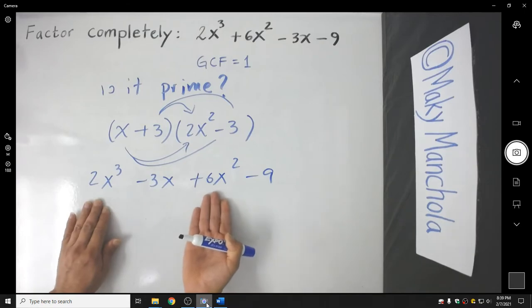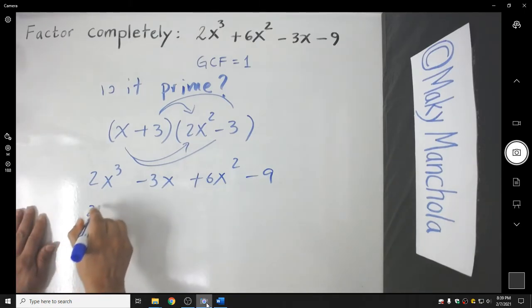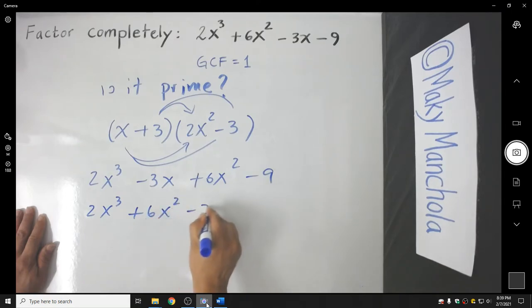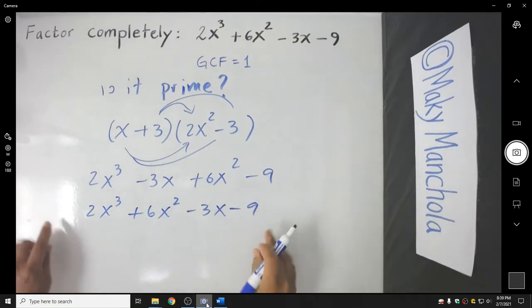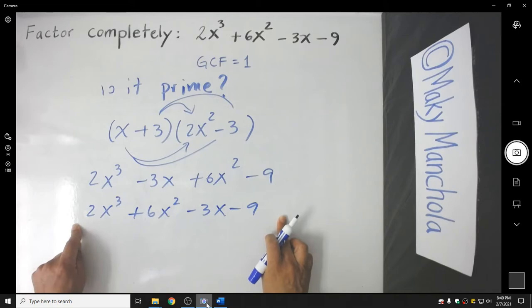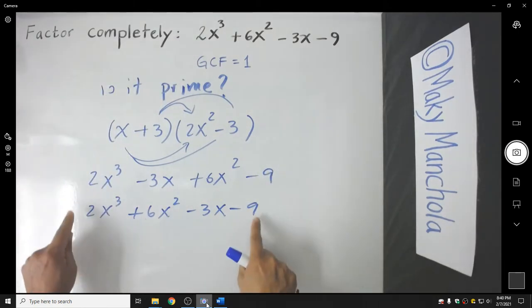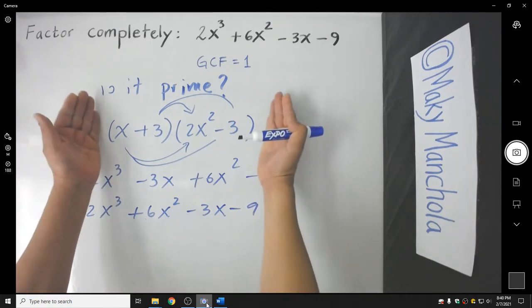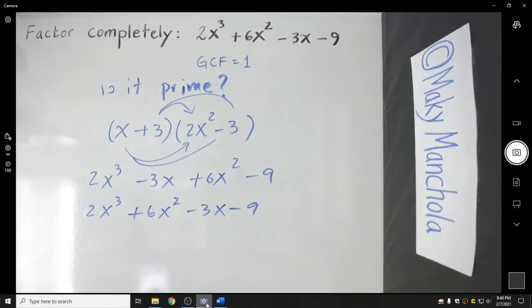If we rearrange the terms as 2x cubed plus 6x squared minus 3x minus 9, we see that our polynomial is the result of this product. So that means our polynomial is not prime. It does have a factorization.